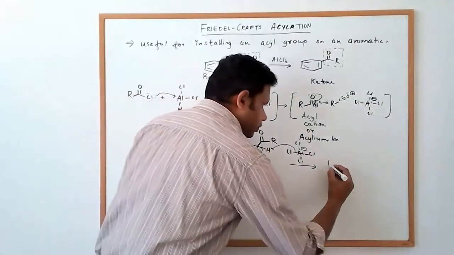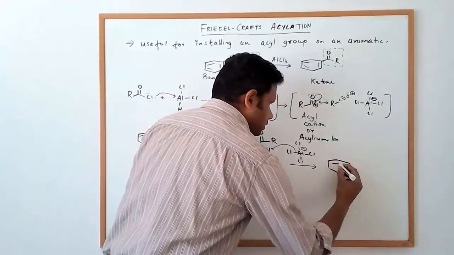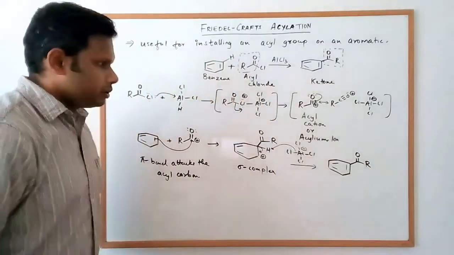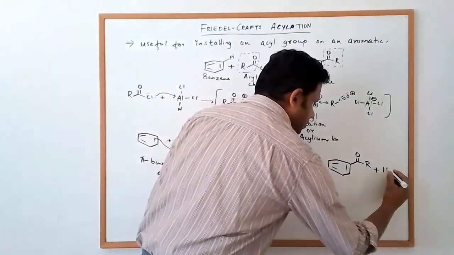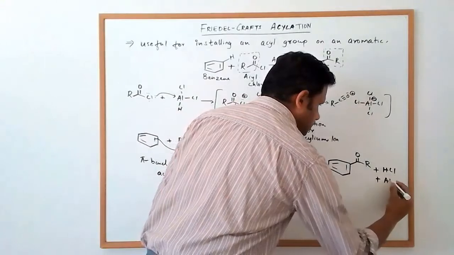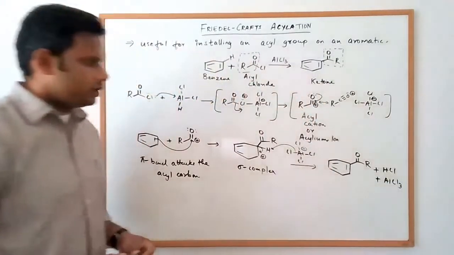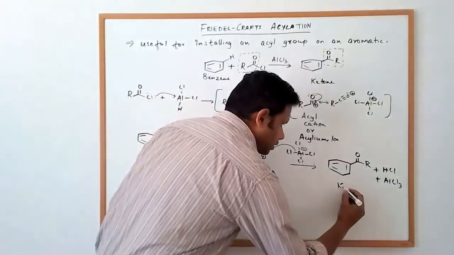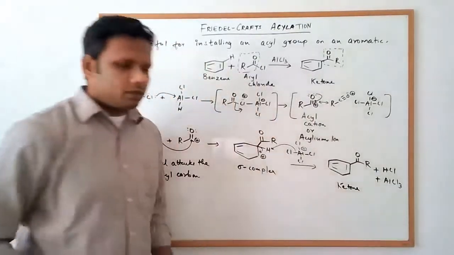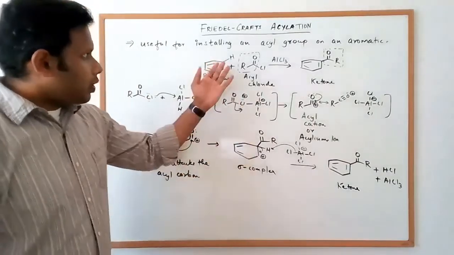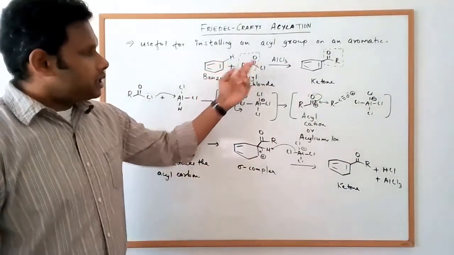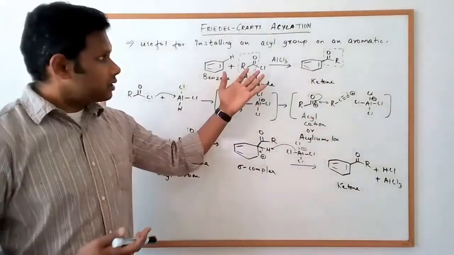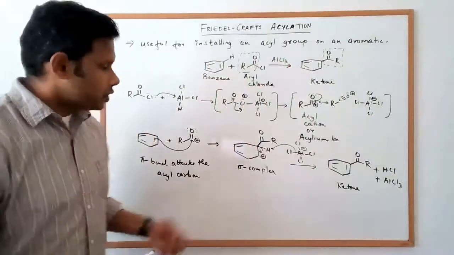It deprotonates, and it is going to install the acyl group there, plus HCl plus AlCl3. So that's how we get our ketone product in this particular reaction. So overall, aromatic compounds can react with any acyl chloride or any acyl containing species in presence of a catalyst to give you the product.